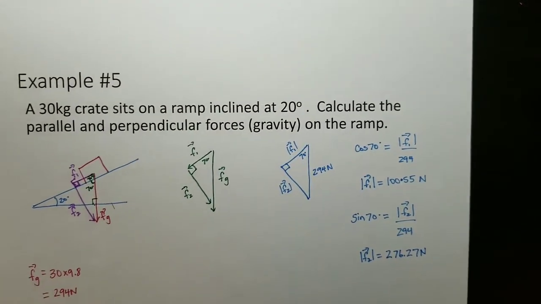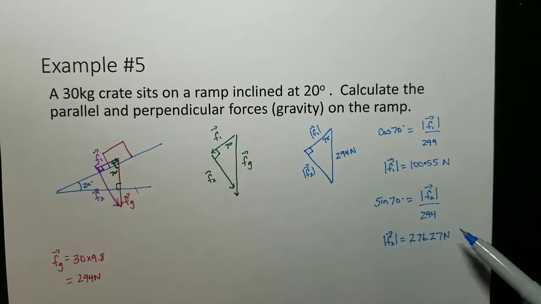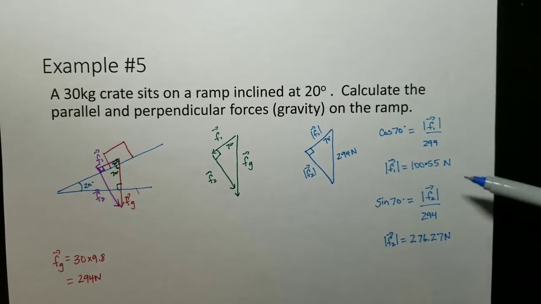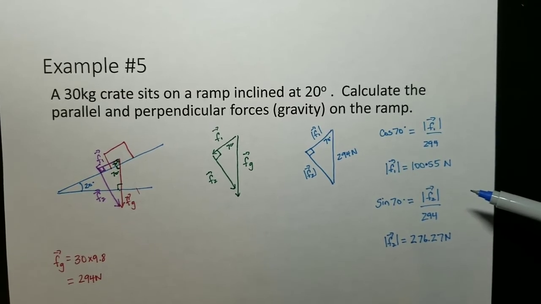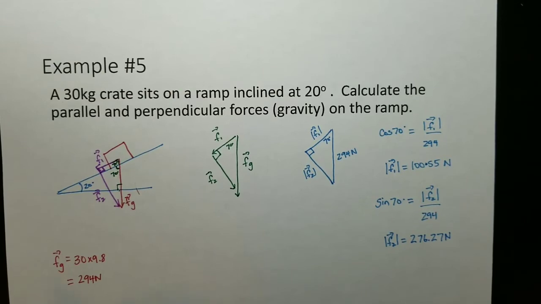Okay. Now we want to write our therefore statement. Again, we have to include magnitude and direction, but we know the direction. We don't have to solve for that. We know that F1 is parallel to the ramp and F2 is perpendicular.